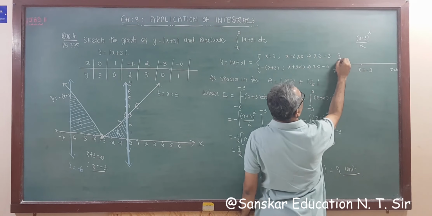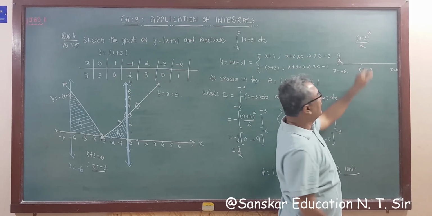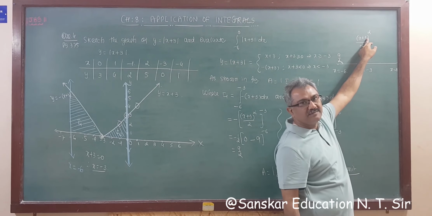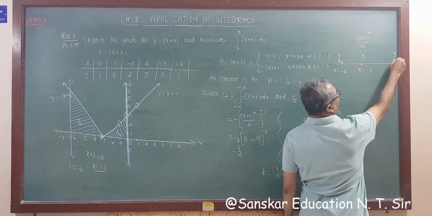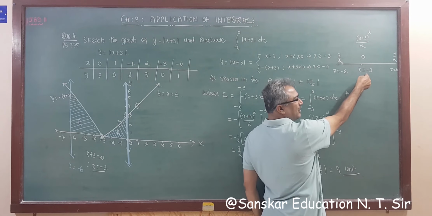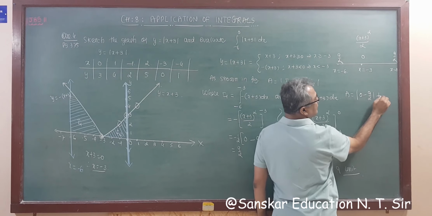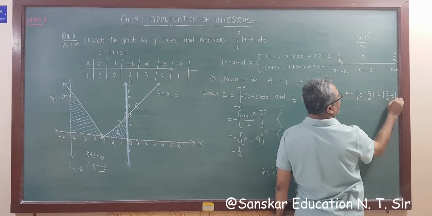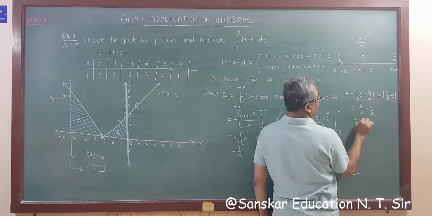When we substitute x equal to minus 6, minus 6 plus 3 is minus 3, whole square is 9, so the answer is 9 by 2. When we substitute x equal to minus 3, the answer is 0. And when we substitute x equal to 0, the answer is 9 by 2. So now directly your answer A is equal to right hand side value minus left hand side value, that is 0 minus 9 by 2, plus right hand side value minus left hand side value, that is 9 by 2 minus 0. 9 by 2 plus 9 by 2 is equal to 9.